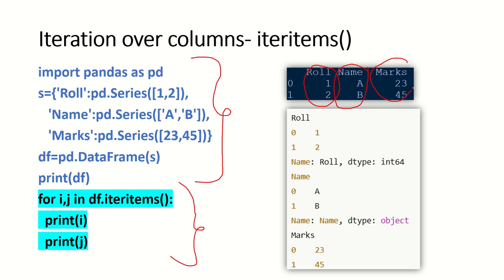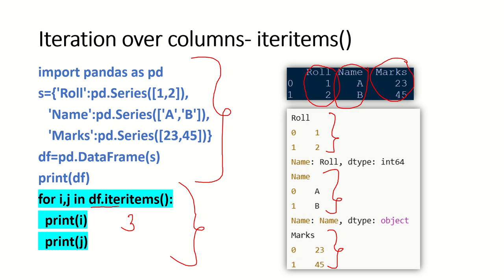So the for loop will have 3 iterations. In the first iteration, the first column is displayed, in the second iteration the second column, and in the third iteration the third column is displayed. So here too we have to call iteritems.